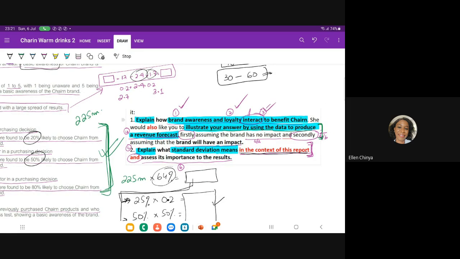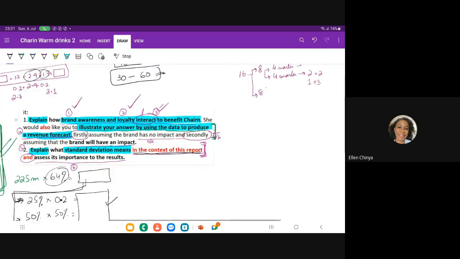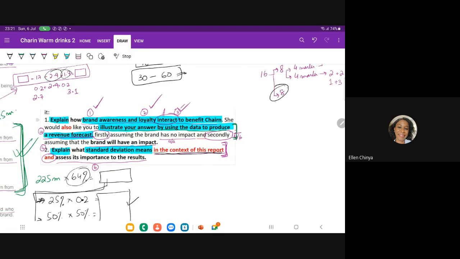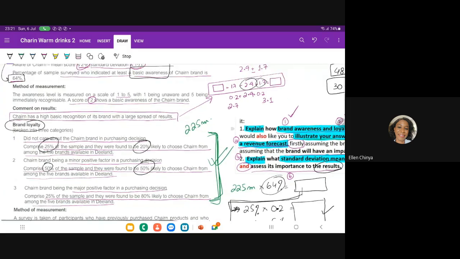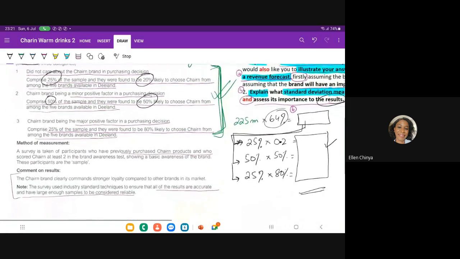If you try to make a marking scheme, it can be 2 marks for the standard deviation definition, and then 6 marks for the importance of this in the result. Results are related to whatever we got, and how you will explain the importance.